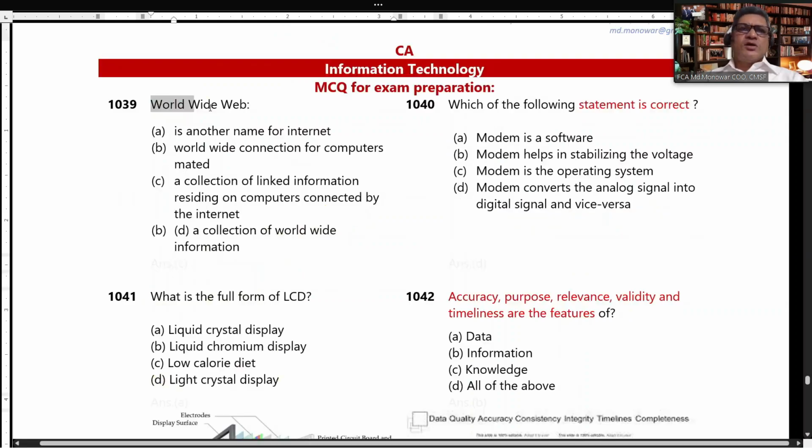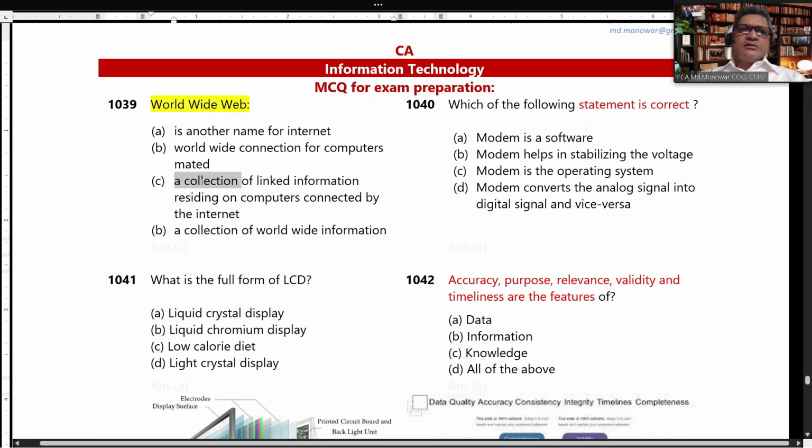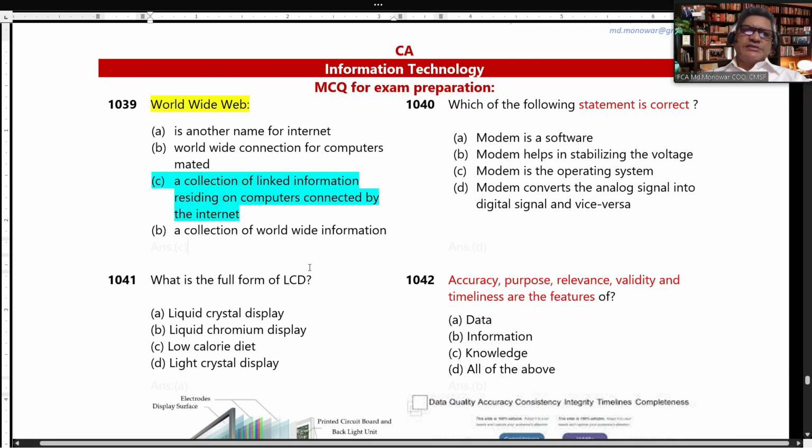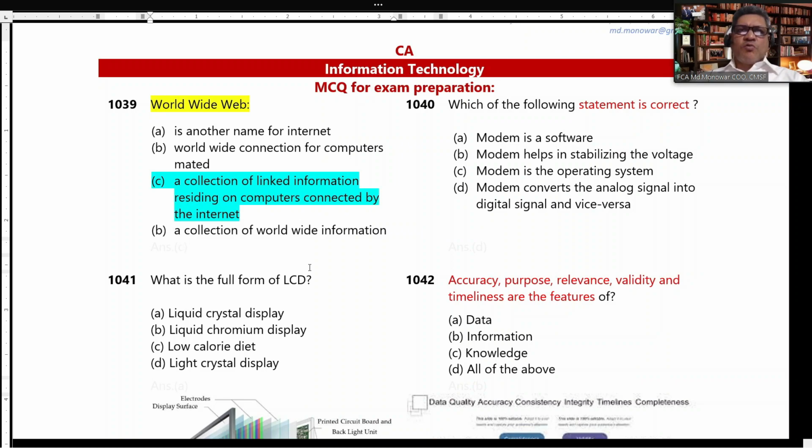Answer C. World Wide Web is a collection of linked information residing on computers connected by the internet.